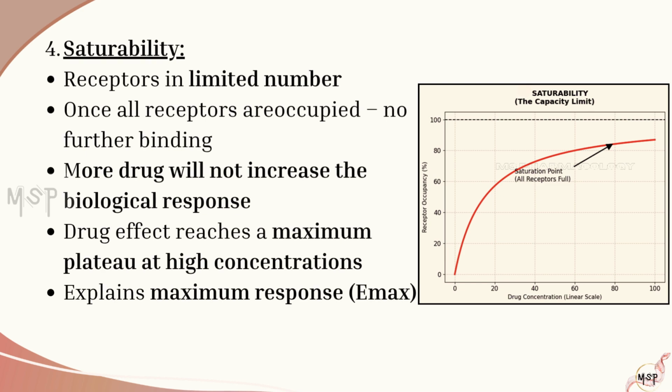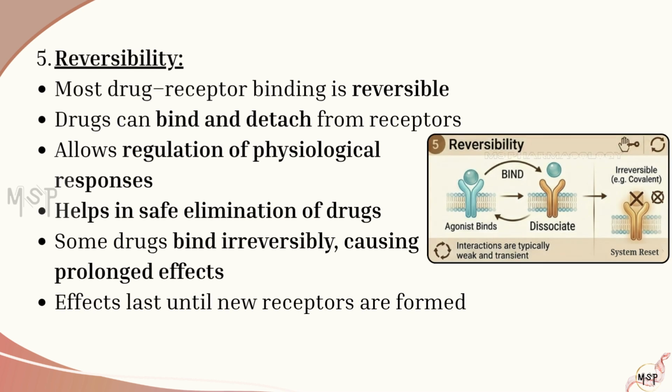There's also saturability. Saturability means that the number of receptors available for binding is limited. Once all receptors are occupied by the drug or ligand, no further increase in biological effect can occur, even if more drug is added. This principle helps explain why drug effects reach a plateau at high concentrations. And finally, reversibility.